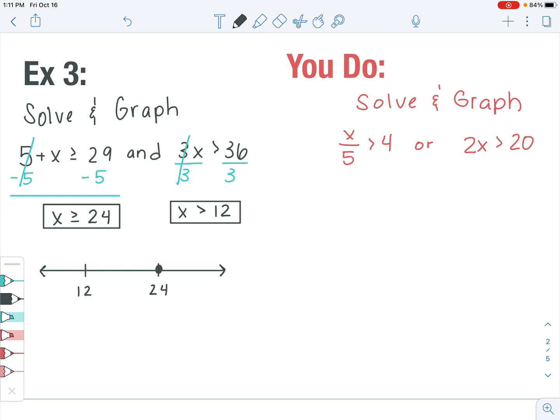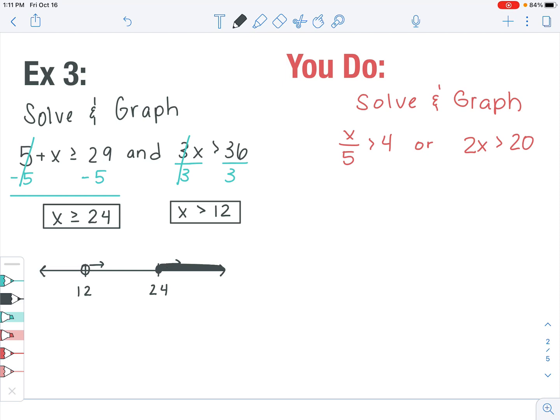So greater than or equal tells me closed circle, and x has to be greater than 12 tells me open circle. Now normally my ands shade in the middle, but they're both greater thans in this situation. They're both going to the right, so I can only shade where they share. So I'm only shading over here because this is true for both of them.